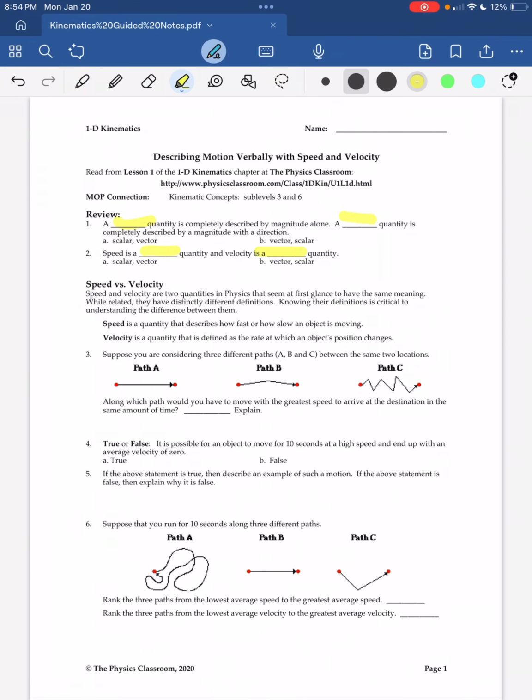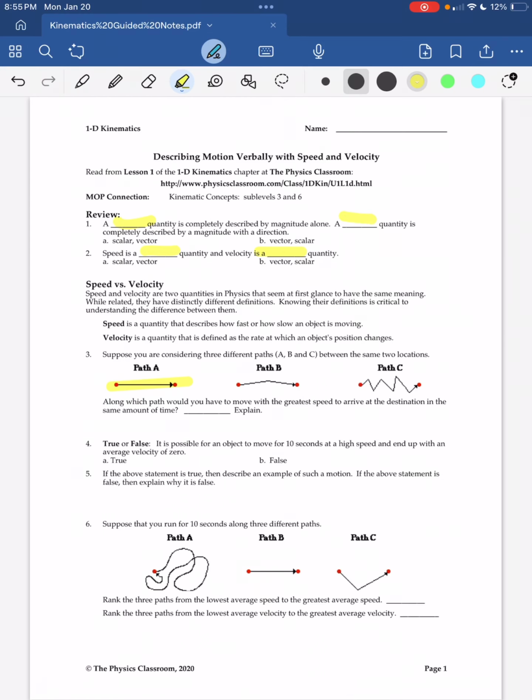Suppose you are considering 3 different paths, A, B, and C, between the same 2 locations. Along which path would you have to move with the greatest speed to arrive at the destination in the same amount of time? So let's look at path A. Path A, they go straight from the beginning to the end, and they don't really make any turns or curves or get off the path at all there.